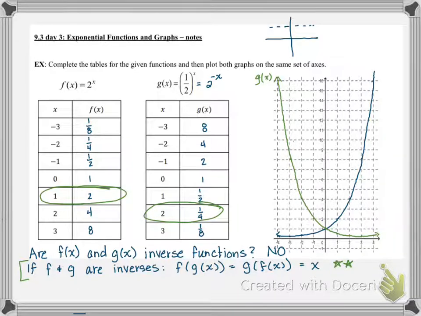And as x went to infinity, we'd approach that horizontal asymptote. And as x went to negative infinity, we would also approach it. So we approached the horizontal asymptote on both sides. With exponential functions, we only approach the horizontal asymptote either as we go to negative infinity or positive infinity. The other side just approaches positive infinity. So we don't level off on both sides. We get steeper on one side and we level out on the other.